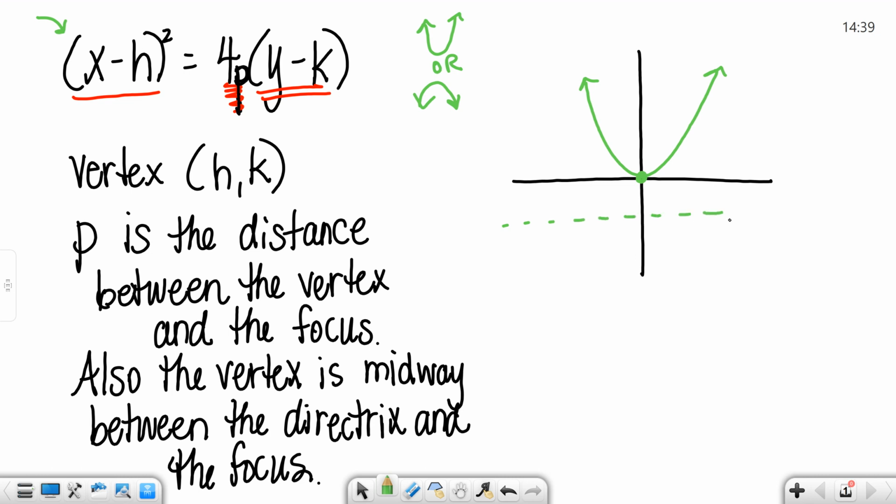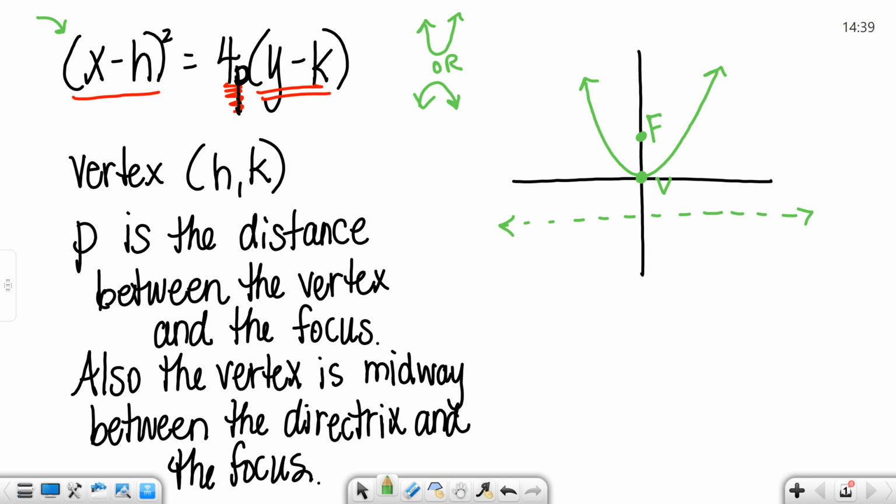Your directrix is a line. Okay, your directrix is a line. The vertex is midway between the directrix and the focus. Okay, when we did parabolas before, we had an axis of symmetry.